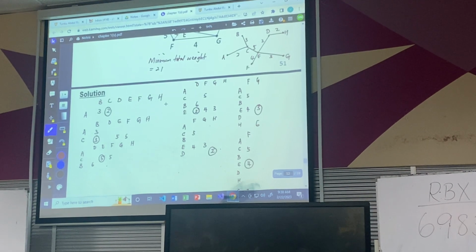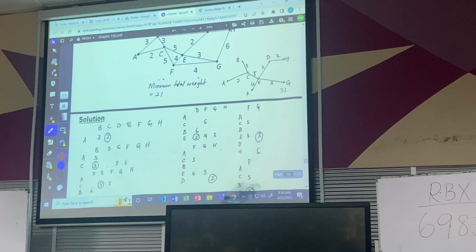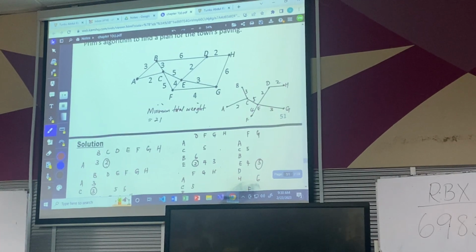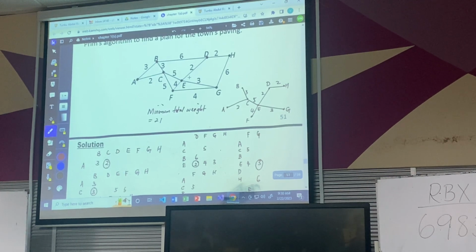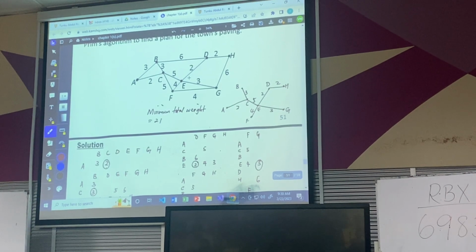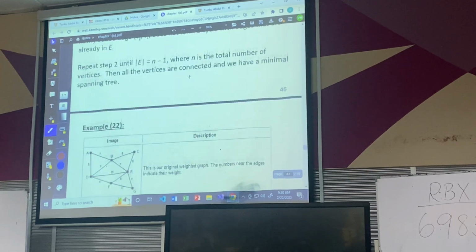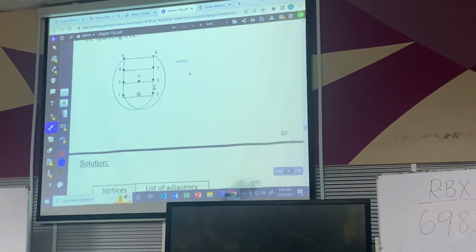So these are the steps that you need to do for Prim's algorithm with weight. Now, as I say, sometimes the weight is not given. They only give you the graph, the undirected graph. So that means you need to find the minimum spanning tree also. Like just now, I gave you this one.